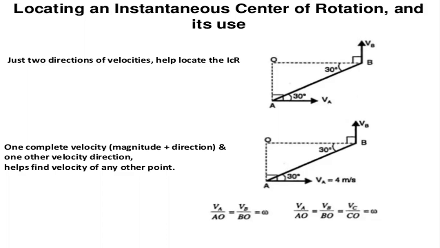Whenever we have three velocities, it is defined as velocity of A by AO equal to velocity of B by BO, equal to velocity of C by CO. So these three velocities have been given, and the three perpendicular distances have also been taken, which is equal to the angular velocity of the motion.